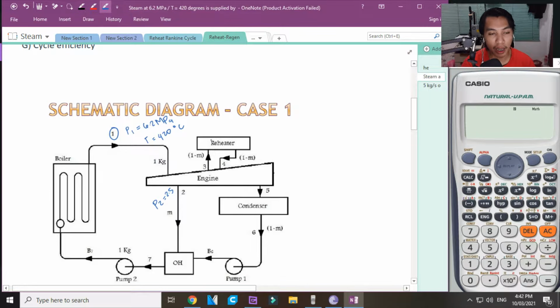And then, it will undergo reheating for about 1.2 MPa, that is pressure 3. Okay? Pressure 3 is equal to pressure 4. Kasi constant, constant pressure superheating. Okay. That is 1.2 MPa.